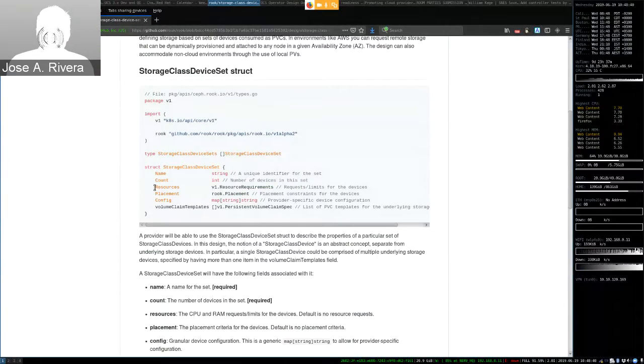Because, for instance, and I'll get to this, you could have one device set that only has one PVC per OSD, or you could have another device set that has multiple OSDs per storage device, or you could also have a device set where an OSD has multiple devices. And in each of those three cases, you may want slightly different resource requirements for each device in its set.